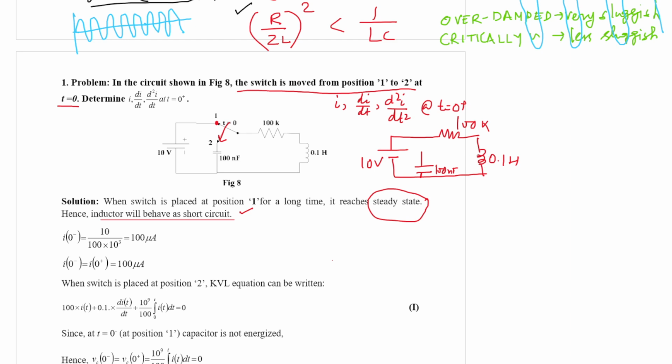So this is effectively represented by a short circuit like this.